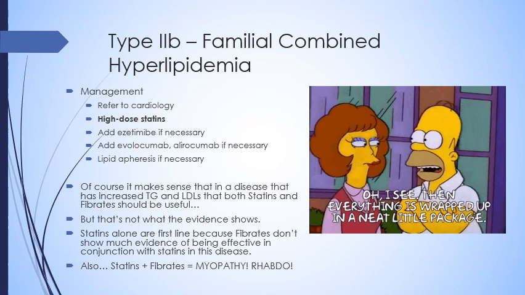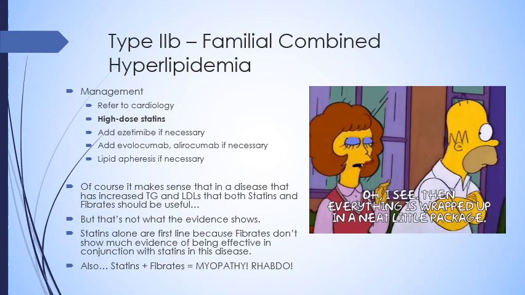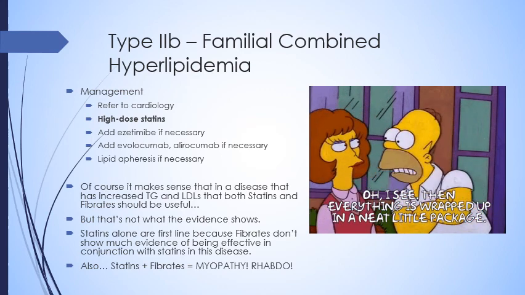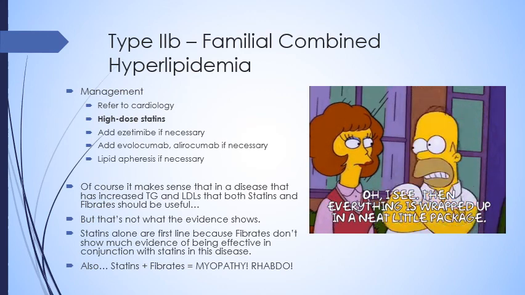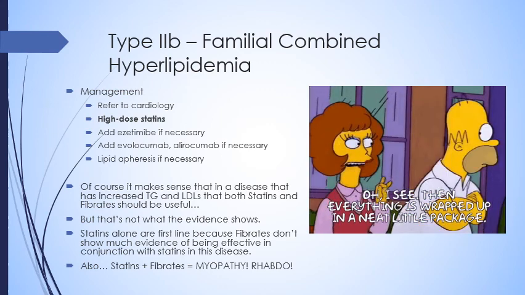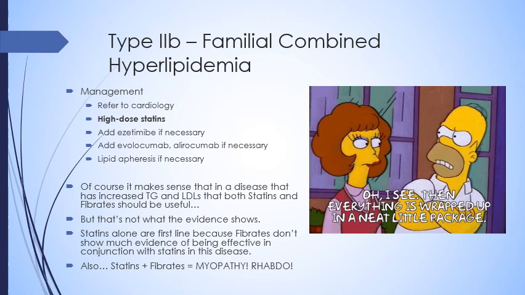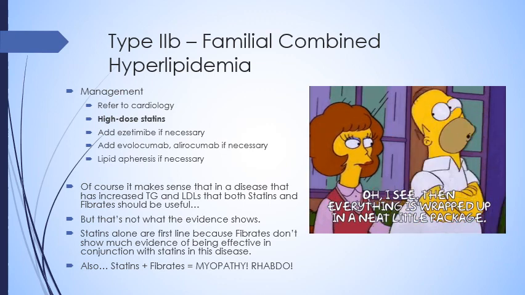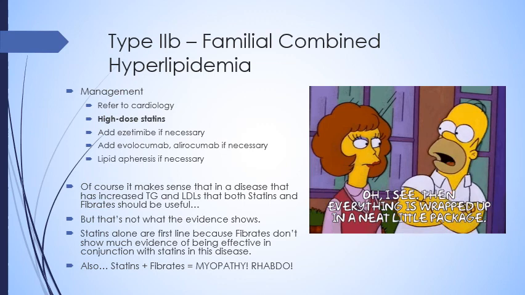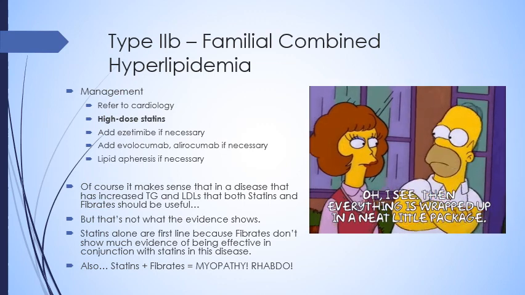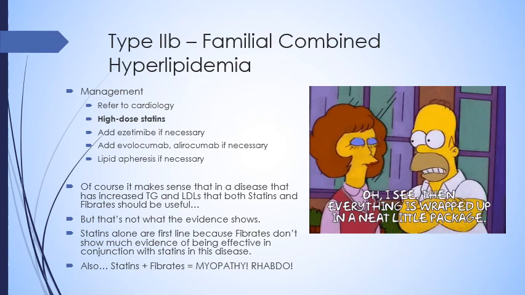It makes sense, right, that if you have triglycerides and LDLs, both statins and fibrates would be useful, but it's not actually what the evidence shows. There's not much increase in benefit of the triglyceride lowering, even though you add a fibrate. Okay, the only problem is, again, you have an increased risk of myopathy and rhabdomyolysis if you do that combination of medications.